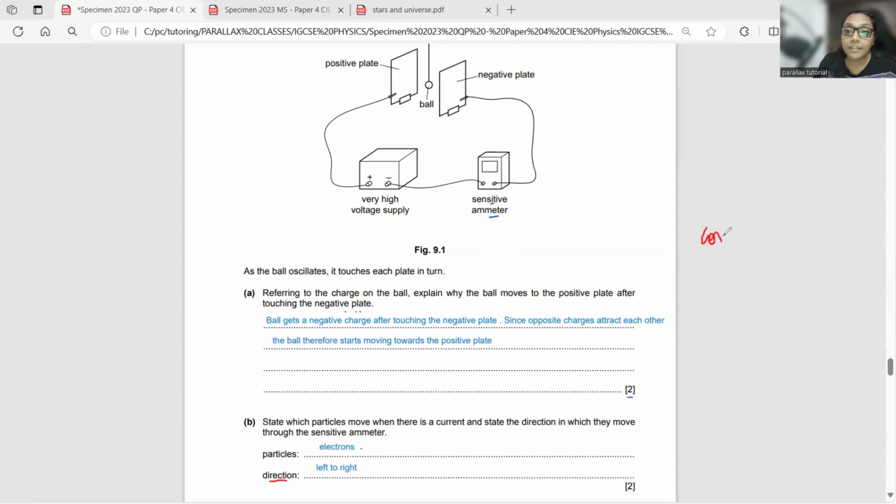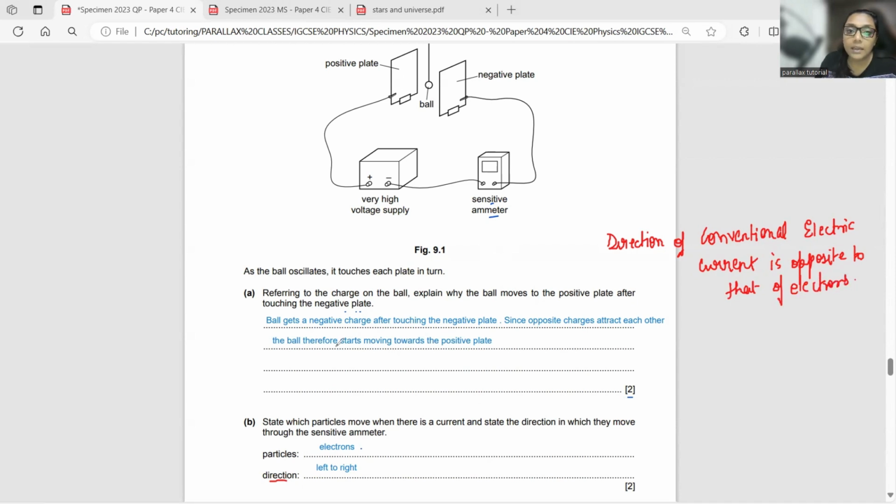Remember, conventional electric current, let me write it over here, although you don't need to write this in your exam books. You can make a note of this in your notebooks: the direction of conventional electric current is opposite to that of electrons.